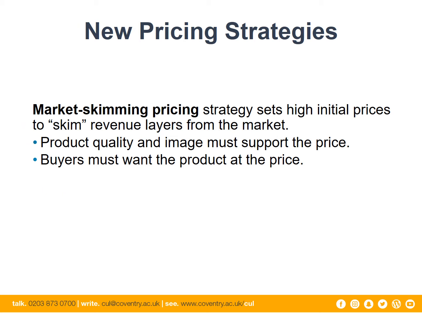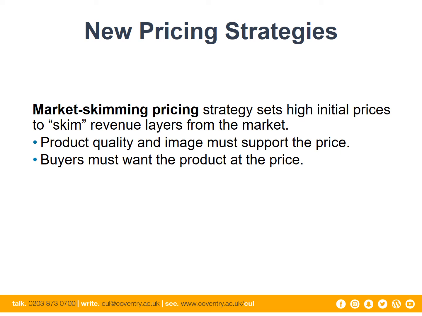Market skimming. Here, the strategy sets a high initial price to skim revenue layers from the market. And this is really based on product quality and an image that supports the price, and buyers must want the product at that price. Even if we think about Apple, the latest Apple phone will retail for about £1,000 in the UK.